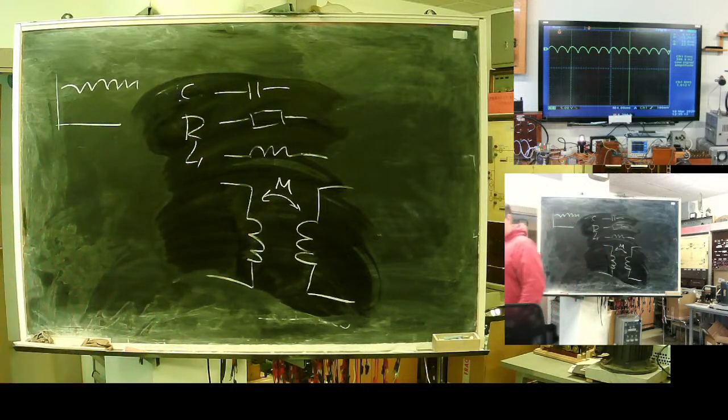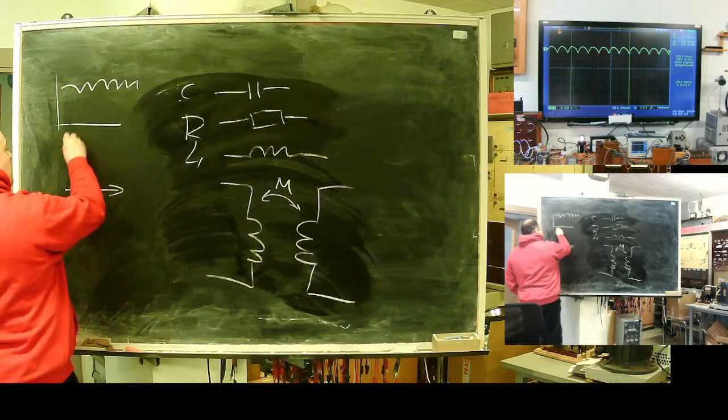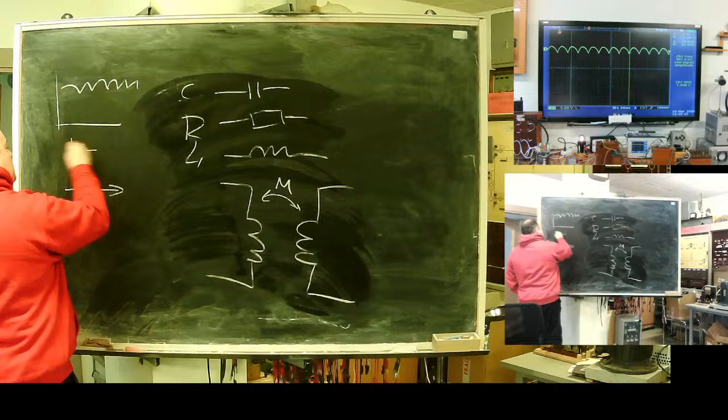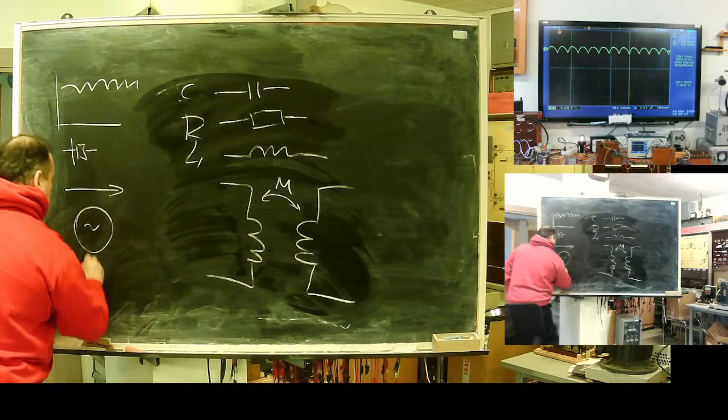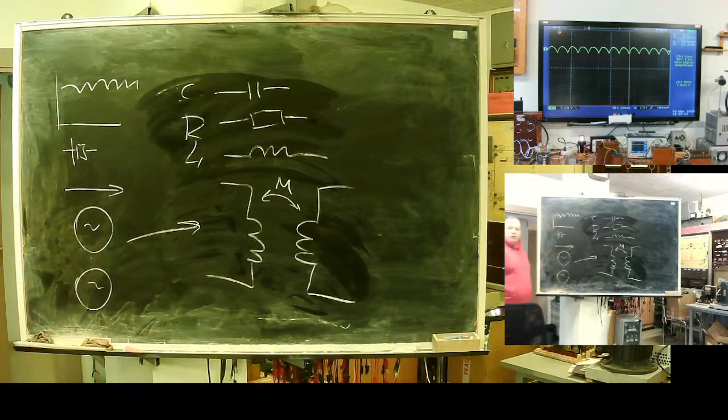My network may contain all these basic elements. So I need to apply my DC source and my multiple AC sources to this network.